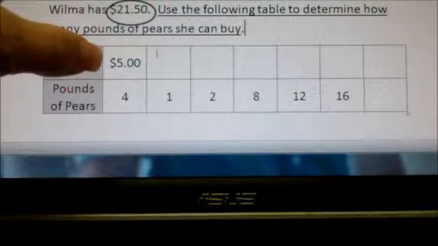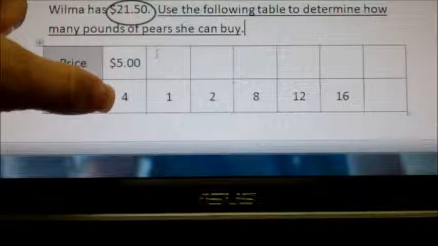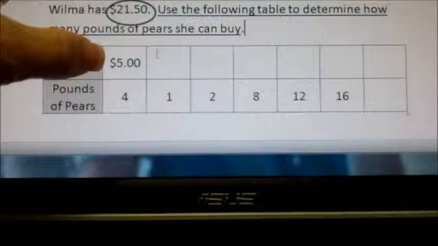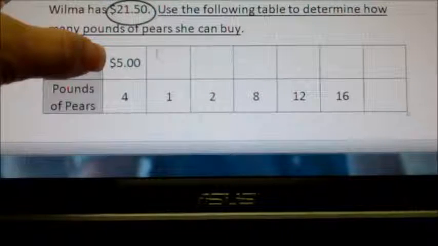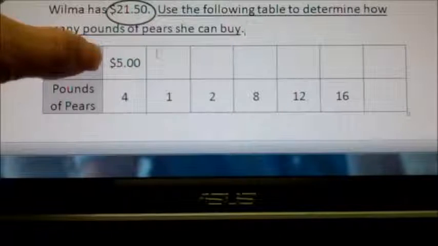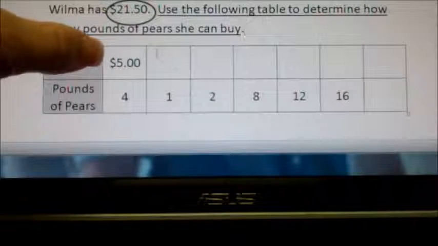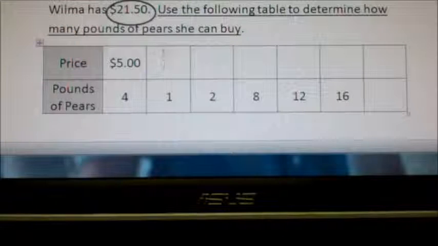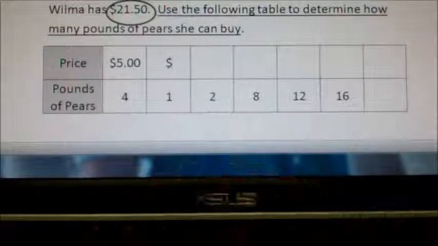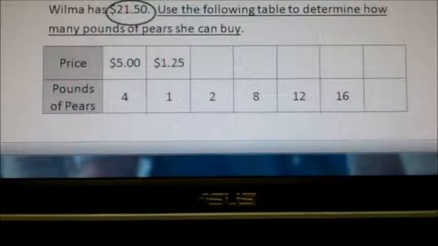If I think about money, 4 would go into $5 one time, but we'd have $1 left over. Well, think about your quarters. Quarter, quarter, quarter, quarter, that makes a whole. So it would be $1.25.